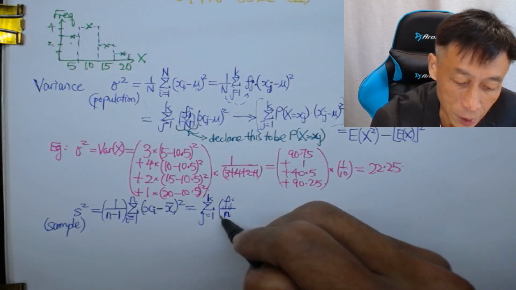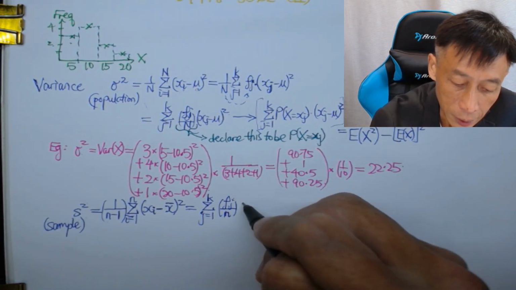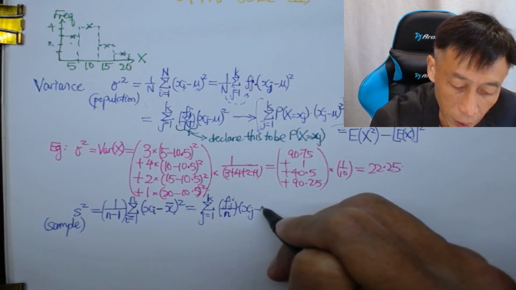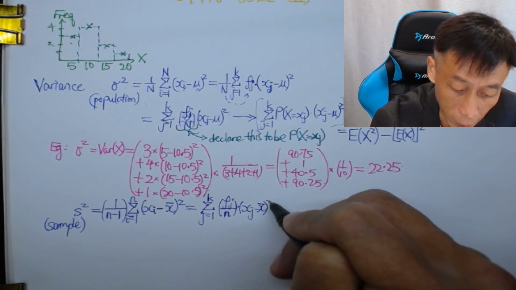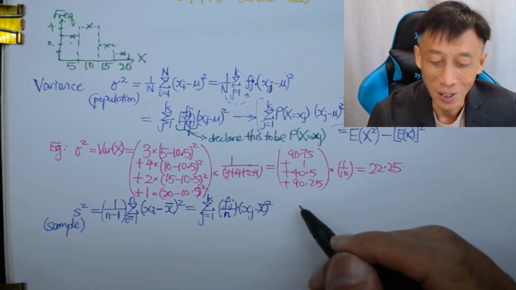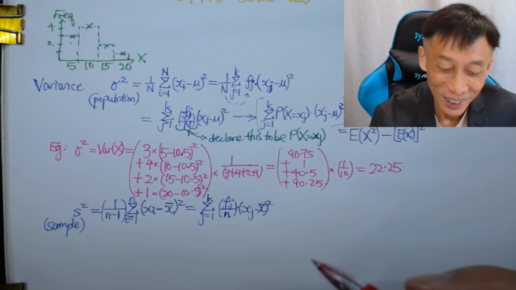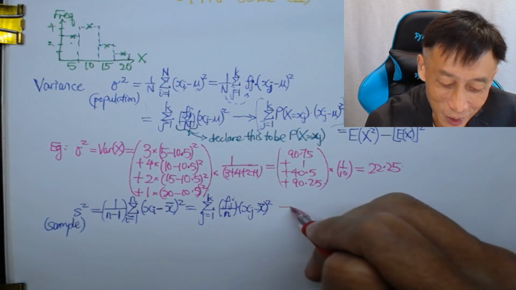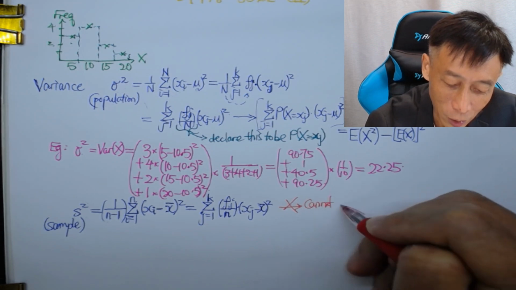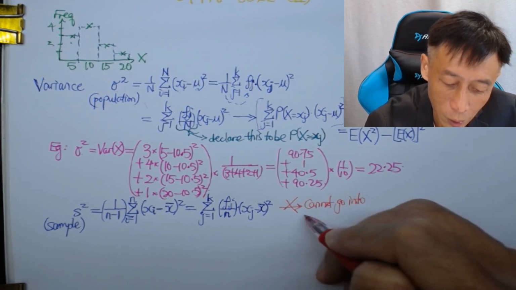Okay, this part is relative frequency times x_j minus x bar squared.